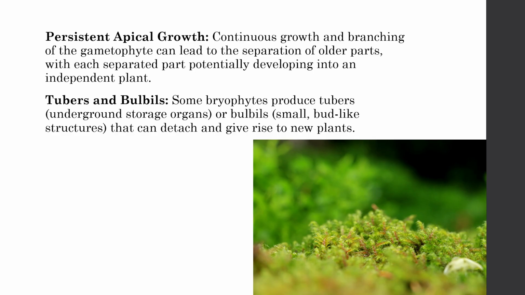Tubers are storage organs, and bulbils are small bud-like structures attached to the plant, and once they are detached from the present plant body, they give rise to a new plant.